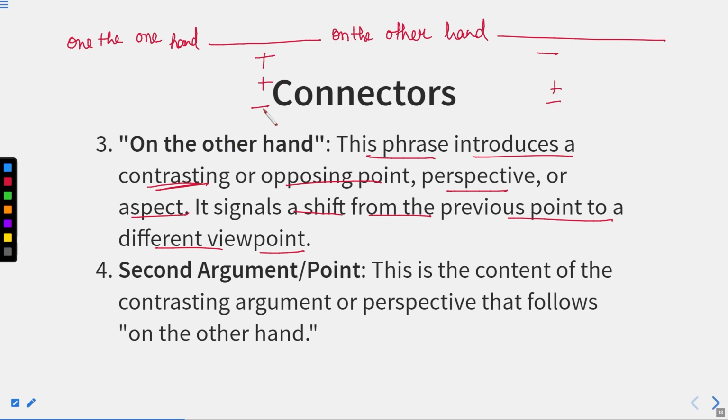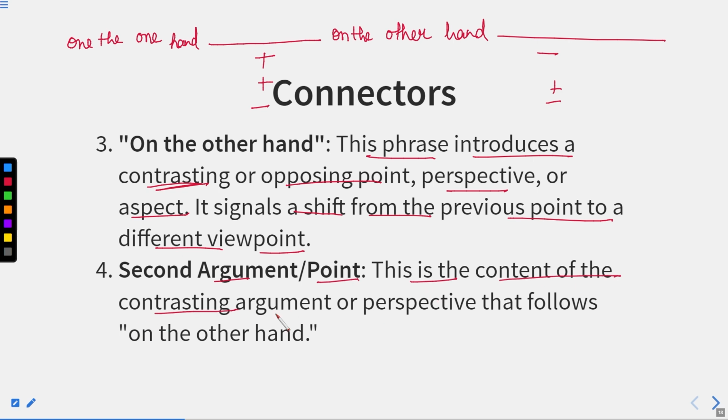So we cannot say that one should be positive and the other negative. No, it is not like that. We can have different viewpoints. Only the viewpoints are different. Maybe both are positive, both are negative, or one is positive and the other negative. But there are different viewpoints of the same thing that can occur, or you can say different situations are around us.